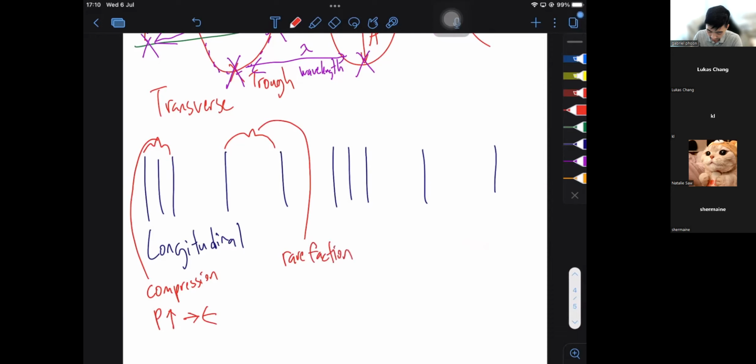Rarefaction. Okay, rarefaction is essentially the exact opposite of a compression, right? It is basically a region where pressure is low. That's why the molecules are further apart. If you kind of envision how the sound is traveling, right? I mean, let's imagine you are here with me today, the reason why sound is traveling is because when I talk, the energy vibrates this particle, and this energy vibrates the other particle, and it keeps vibrating on.